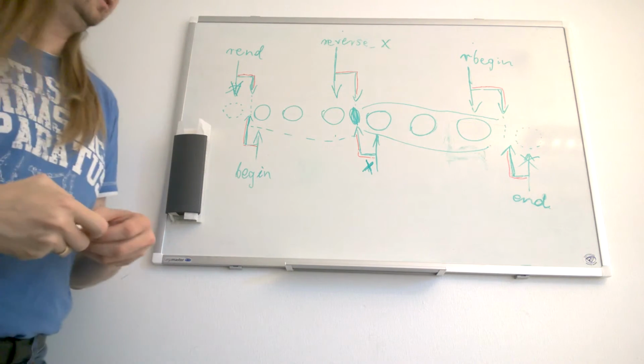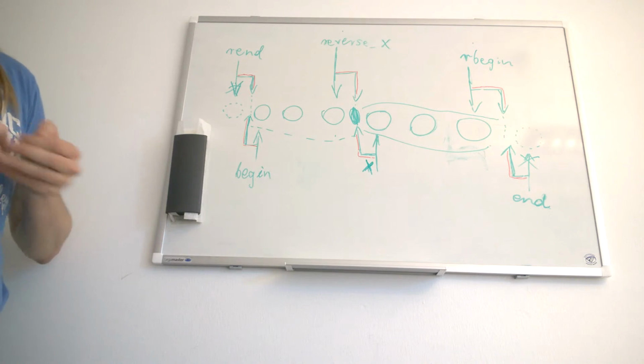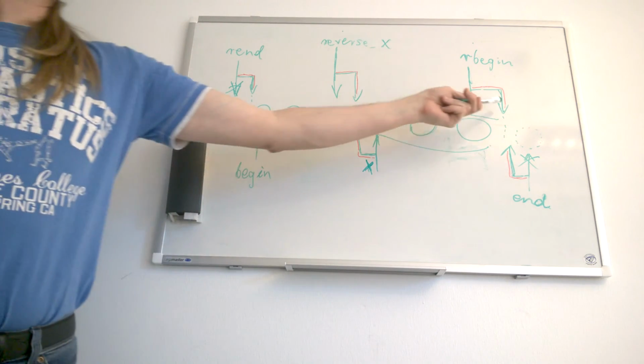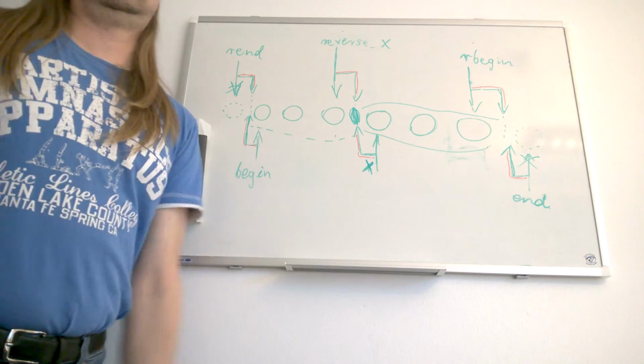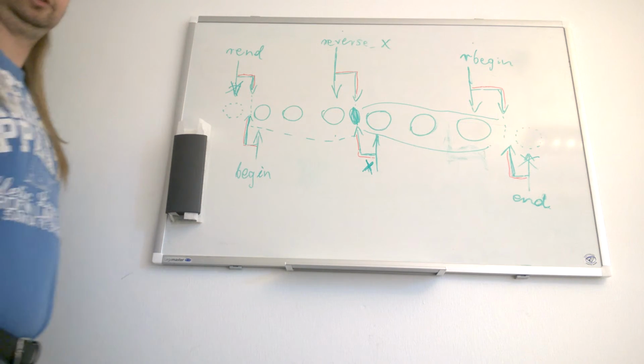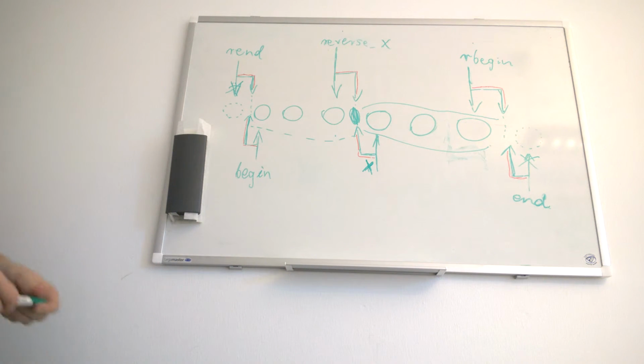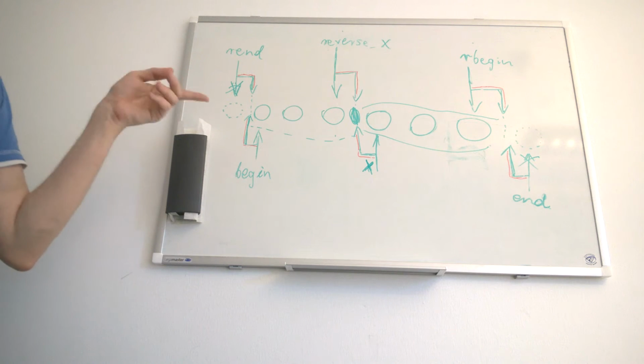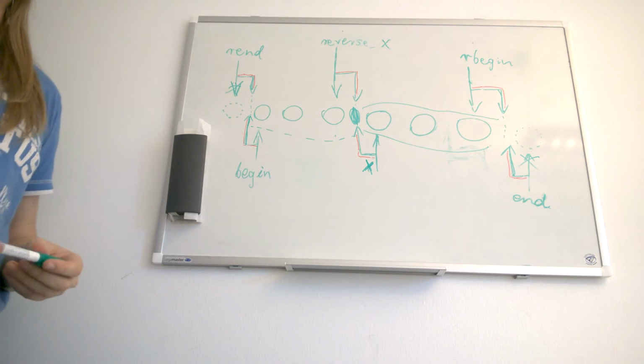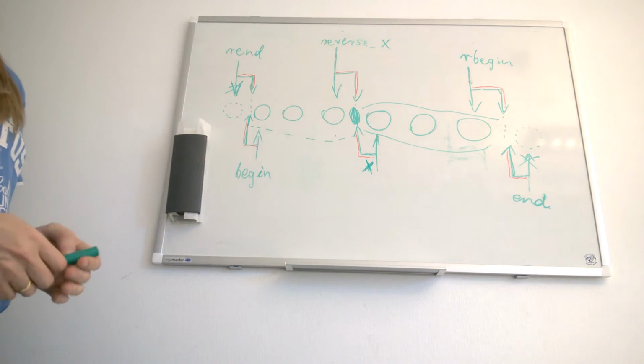And because of that, all these elements that are embraced by this range represent the same range. So this is more or less how it's best to understand how the iterators in the C++ standard library should work.